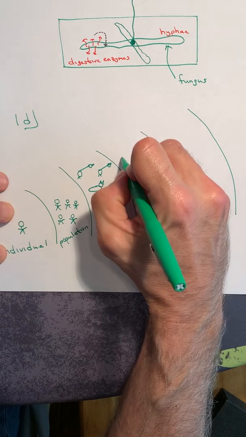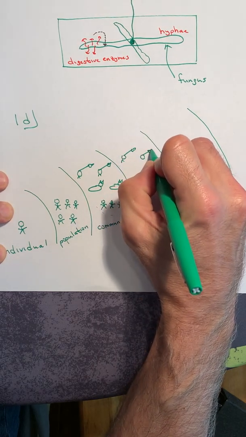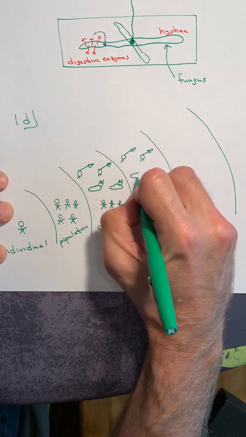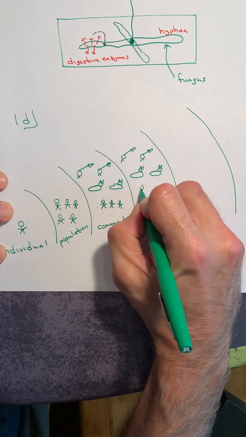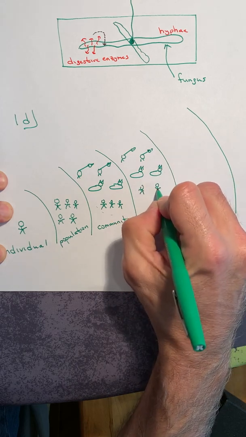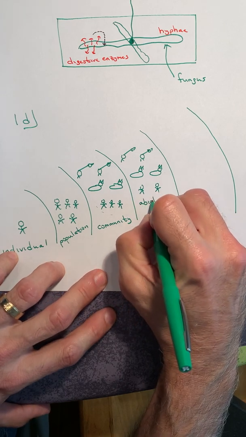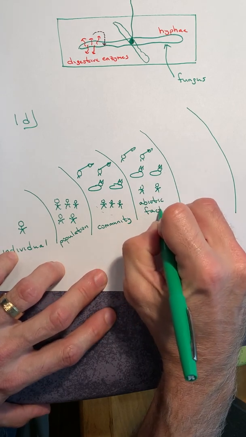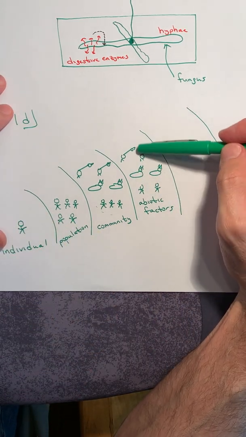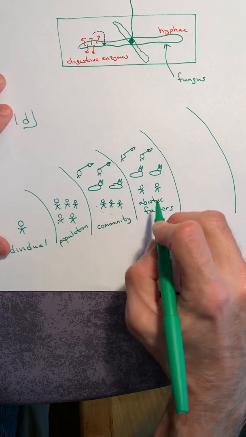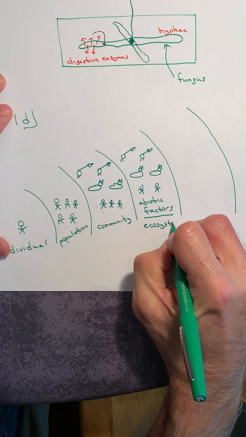Fine. So then you have your populations here. So here's population. Here's your other population. I guess these guys don't get legs. And then you have the abiotic factors.